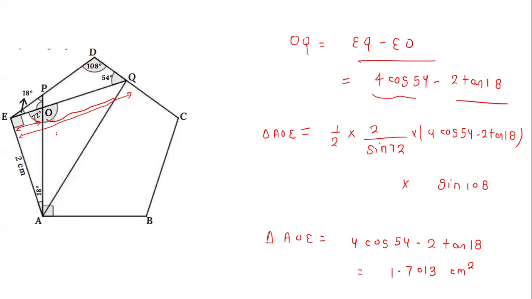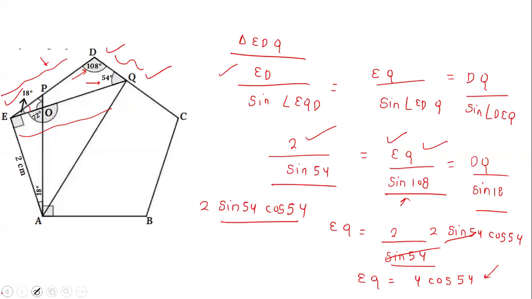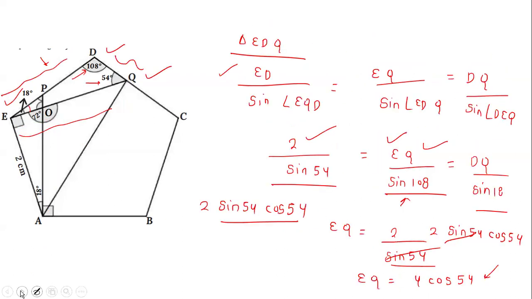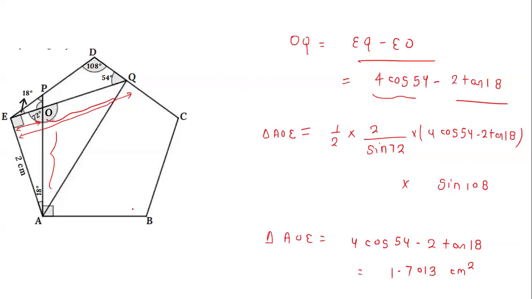We also know OA, as we calculated previously, as 2 divided by sine 72. So now what is the area of the triangle? It is half times this OA, which is 2 divided by sine 72, multiplied by this OQ, which we calculated as 4 times cos 54 minus 2 times tan 18 degrees, and the sine of the angle between them. This angle O is 108, so sine of 108.